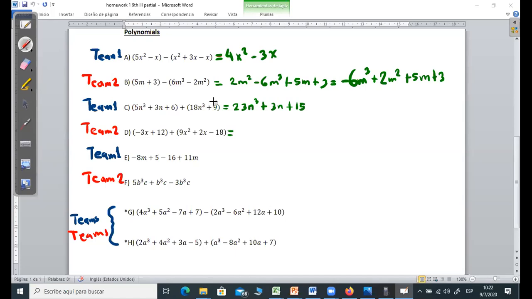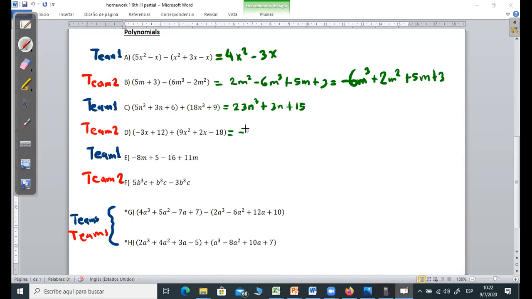Team two, the answer of that exercise? Nobody? Mister, it's the letter D, right? Yeah, letter D. Negative 2x minus 6.